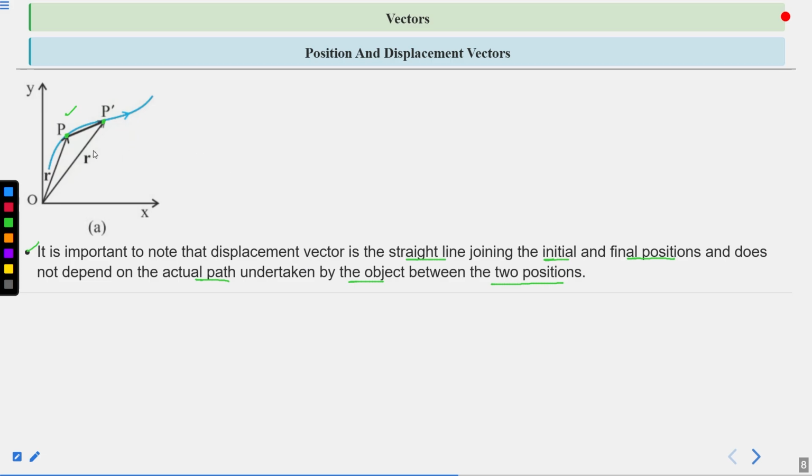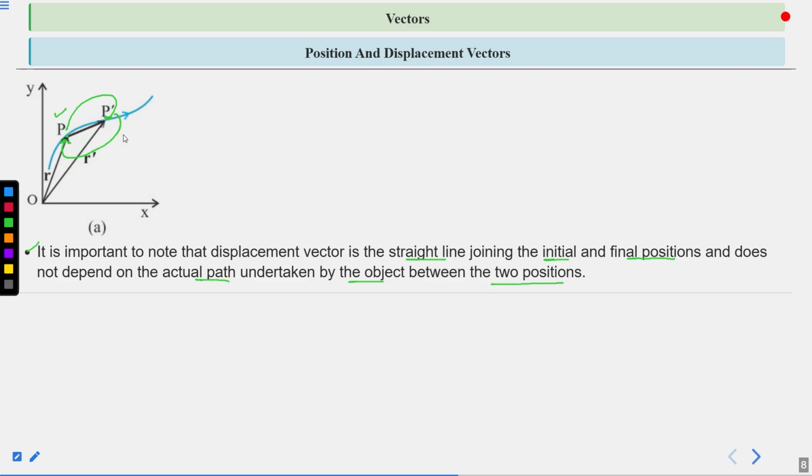Actual path, what does it mean? Suppose the particle's initial position is P, and after some time it changes position to point P prime. Then after some time it again changes position from P prime back to P. So here the initial position is P, and the final position of the particle is again P. Yes or no?